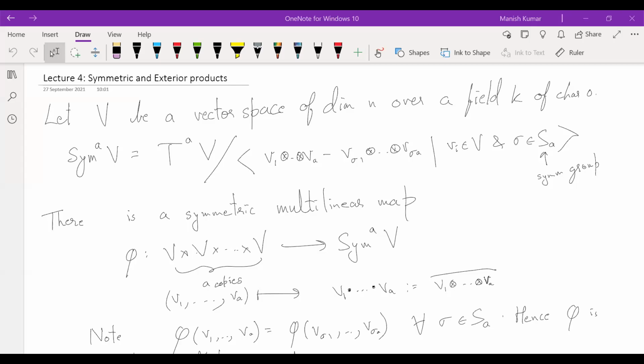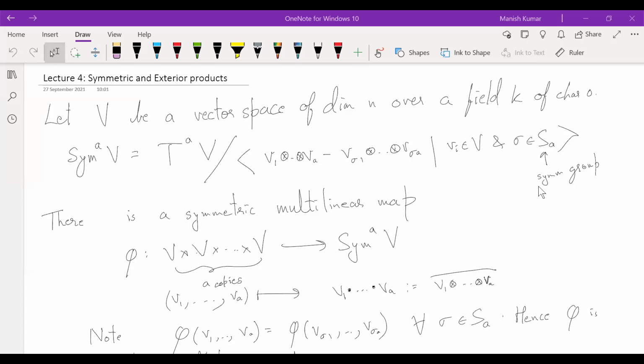Okay, so today we'll concentrate on symmetric powers. There are many ways of defining symmetric powers as well. One could define them using a universal property, but like tensor powers, which we defined using the universal property as well, right?